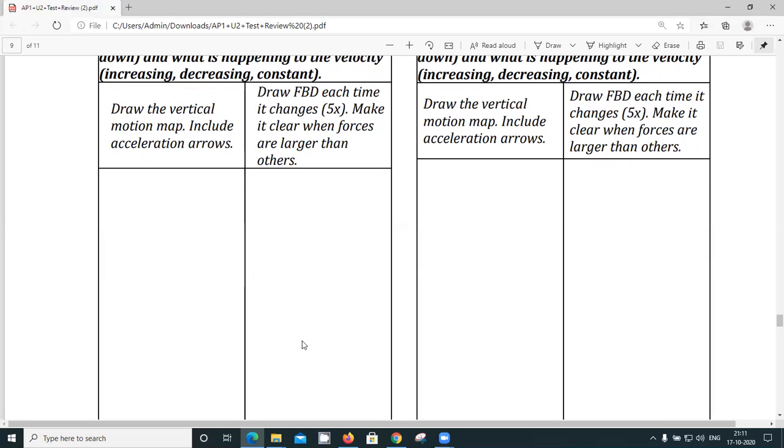If it slows down at the start, it will not move at all. Initially the velocity is zero. So initially it will start to pick up, then it'll speed up, and after that it'll slow down again.